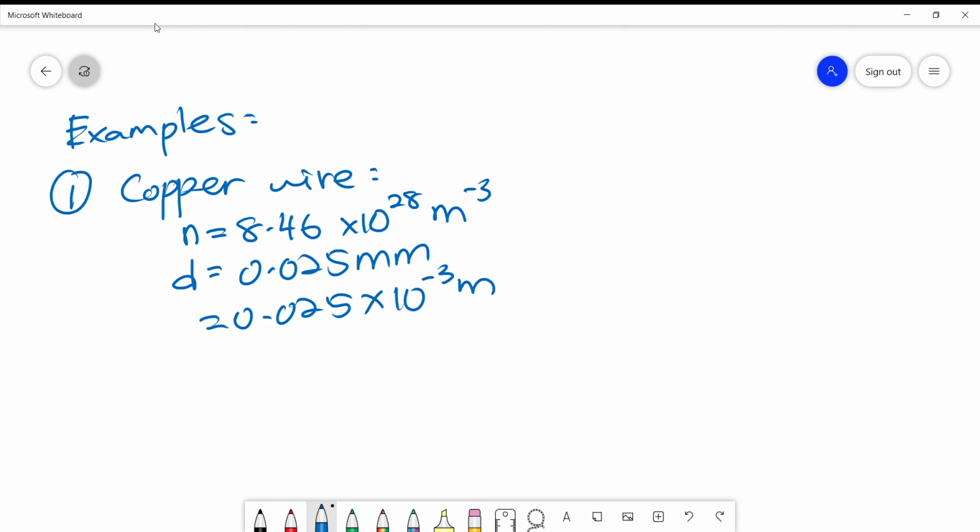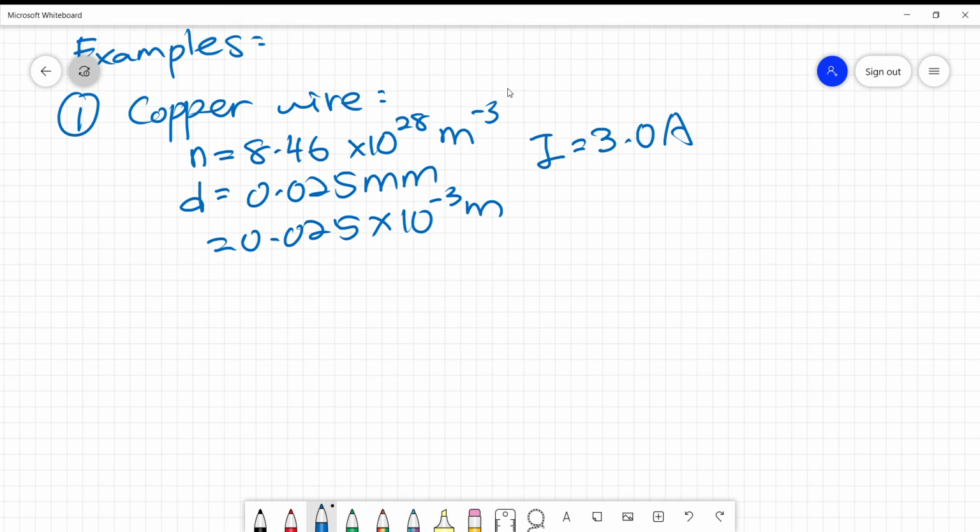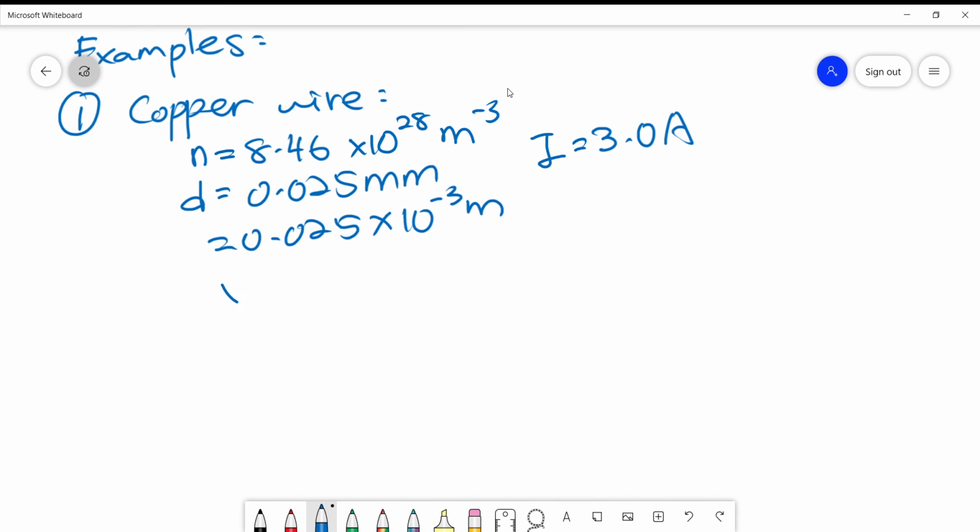The current carried by the copper wire is 3.0 ampere. The question is, what is the drift velocity of the free moving electrons?